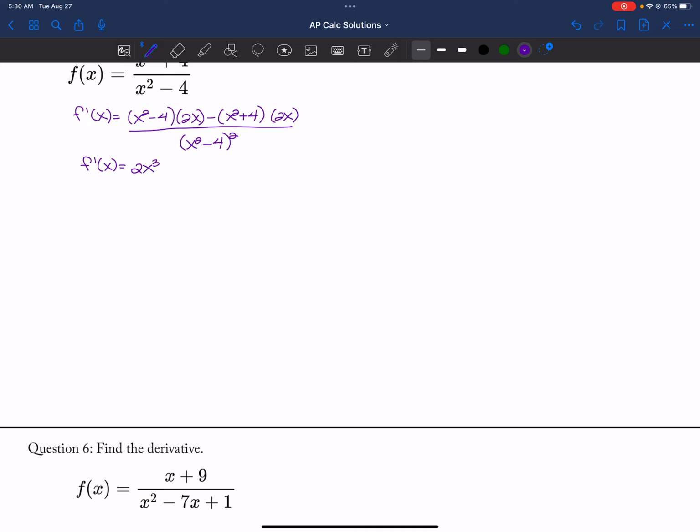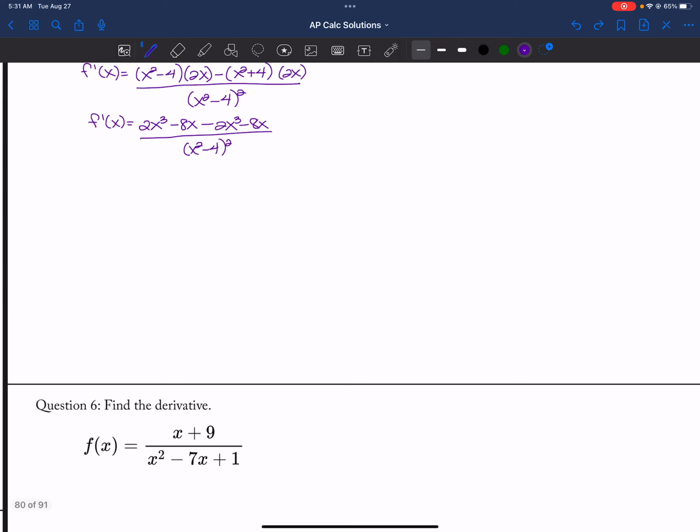So 2x cubed minus 8x minus 2x cubed minus 8x, all divided by x squared minus 4, the quantity squared. Don't forget to distribute your negative to both terms.